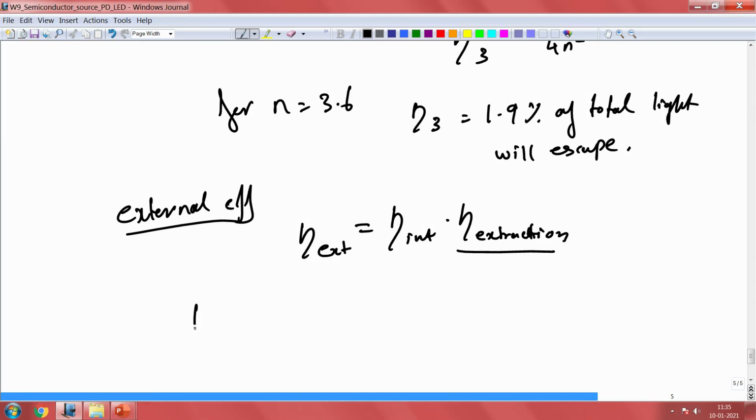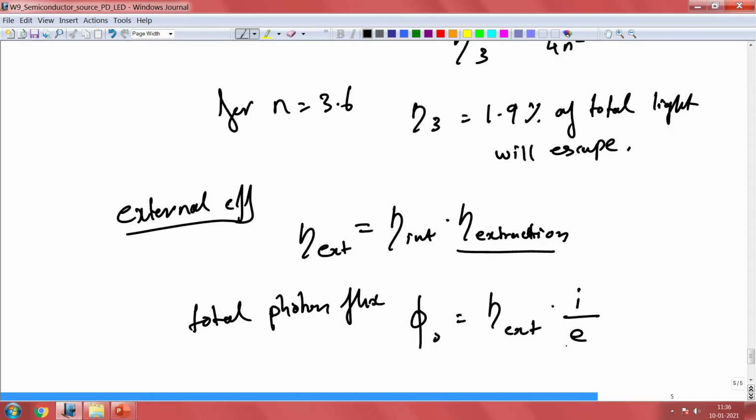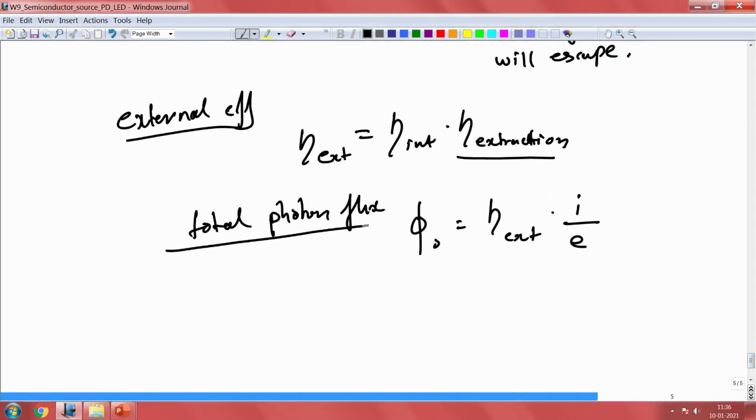So, the total photon flux, phi naught, is given by the external efficiency that we have times I over E. So, this is our total output photon flux, the total photon flux that is coming out, and this is related to our injection flux.